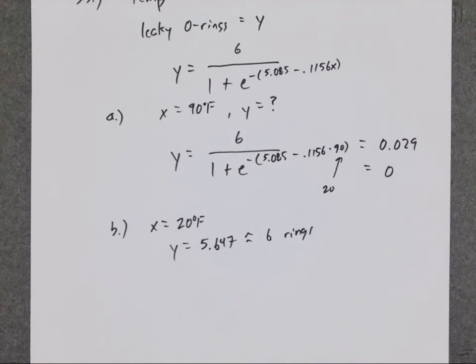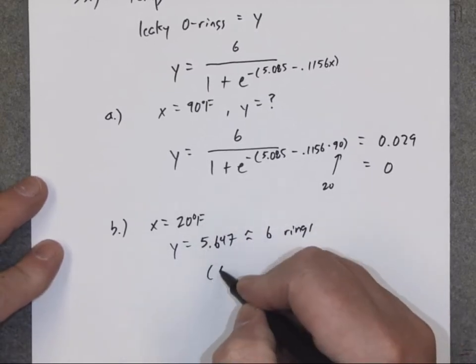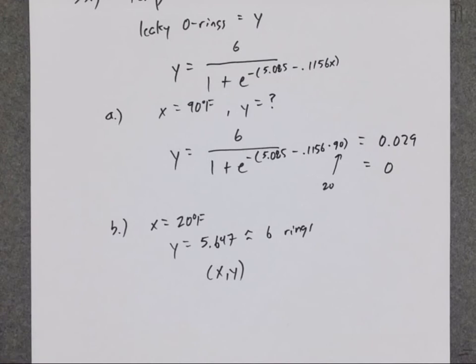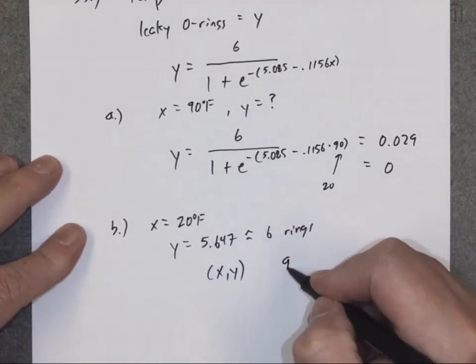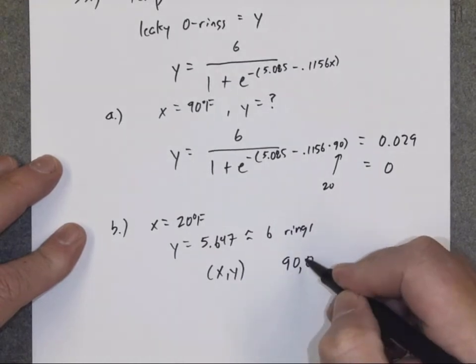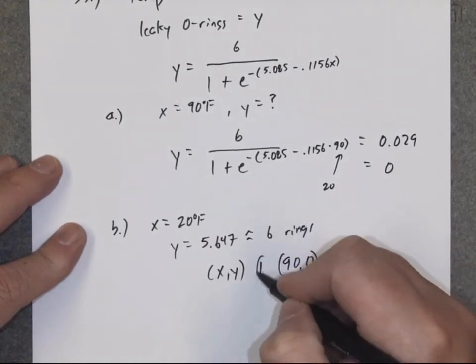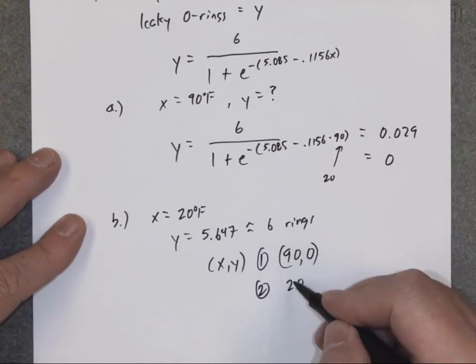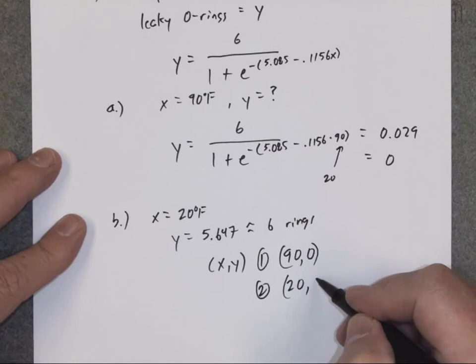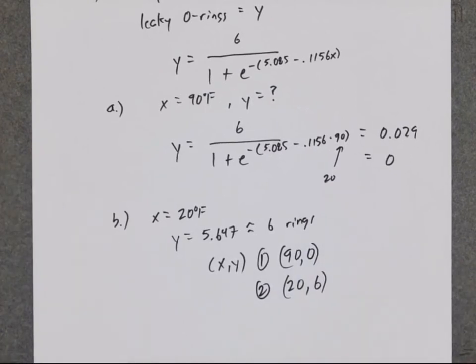Then they say, find the graph of the equation. So they basically want you to graph this equation. It's almost like we have 2 points, like X and Y. The first point, we said when the temperature was 90, the leaky O-rings was 0. That's point 1. And point 2, when the temperature was 20, the leaky O-rings was 6. So we have 4 choices of graphs.